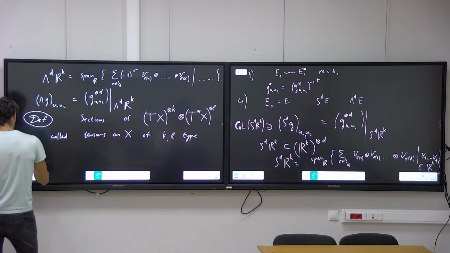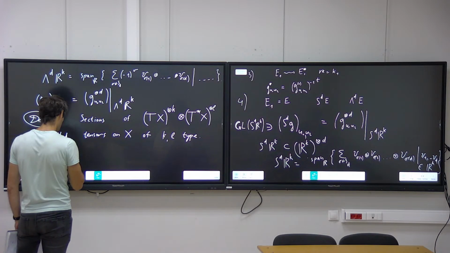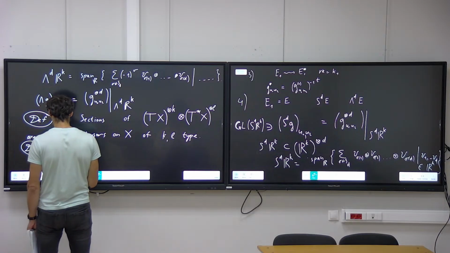Yes, and another definition, which is one of the main ones in the whole differential geometry, are K-forms.